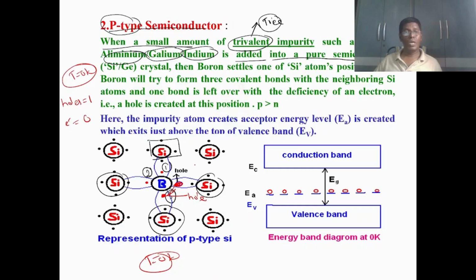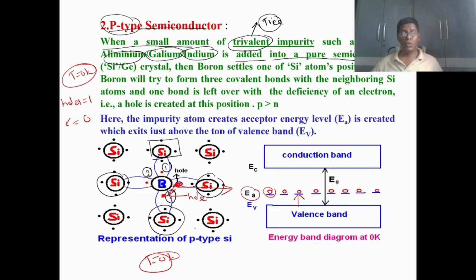Now due to the accepting nature of boron, a new energy level is created just above the top of the valence band. This energy level is called the acceptor energy level. This is because of the acceptor type of atoms, that is the boron atom.